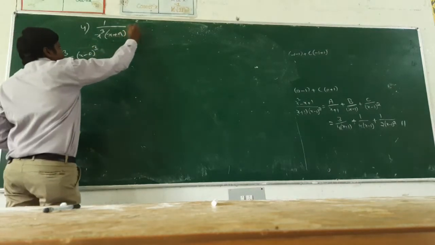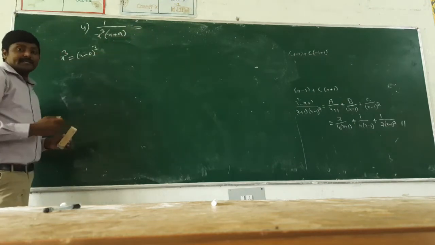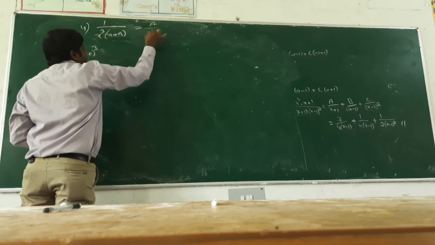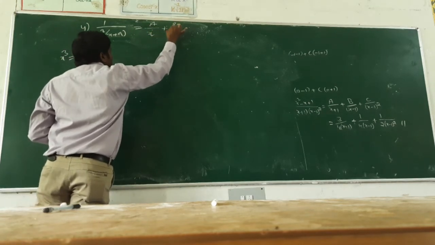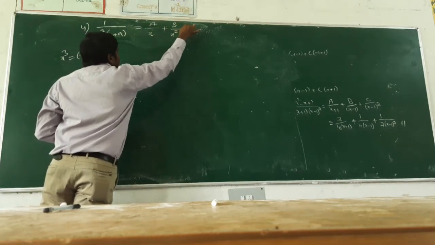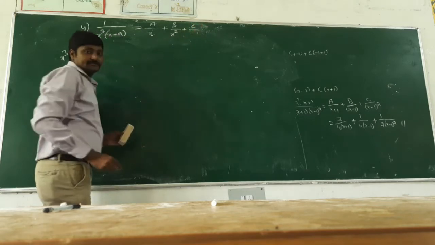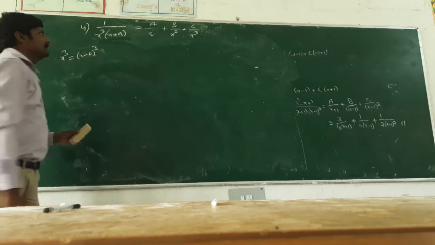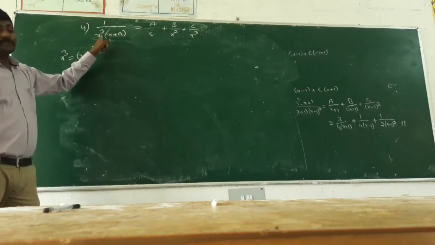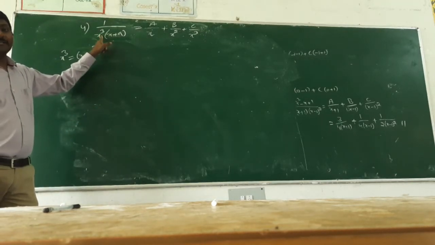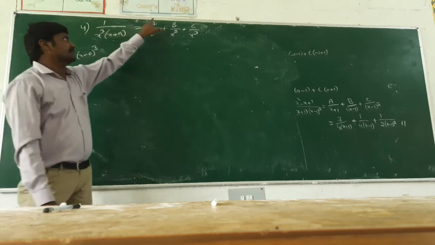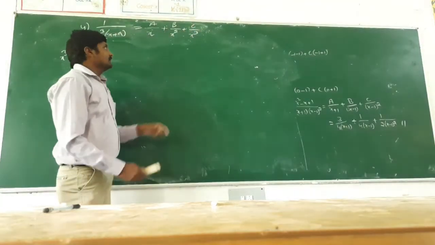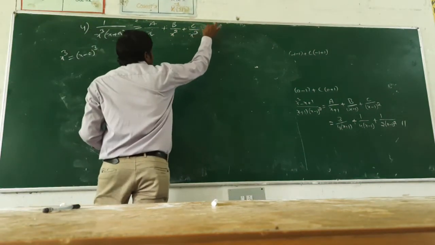That's why x cube is a repeated linear factor, and that's why we take A by x plus B by x square plus C by x cube, since x is a repeated linear factor three times.